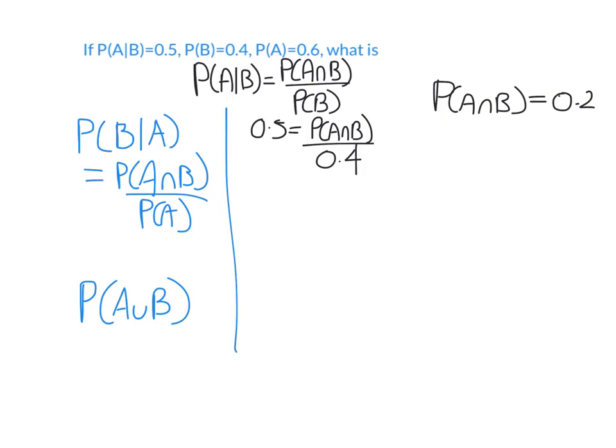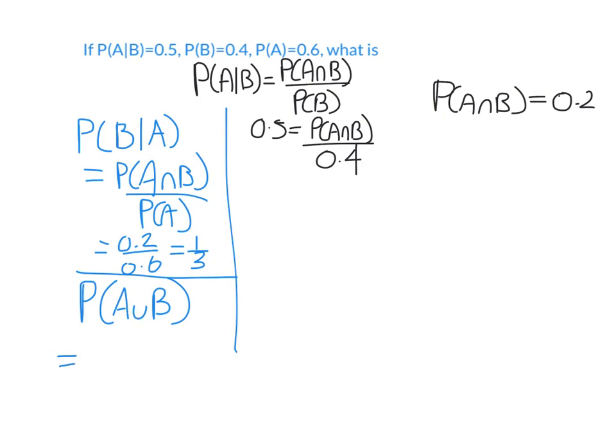So this will simply be probability of A and B, which I figured out, over probability of A, which was 0.6. If you put that on your calculator, you get 0.3 recurring or a third. Note, probability of B given A, which was a third, is not necessarily equal to probability of A given B.